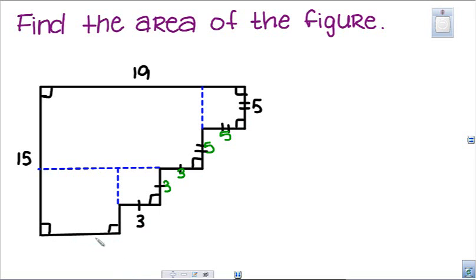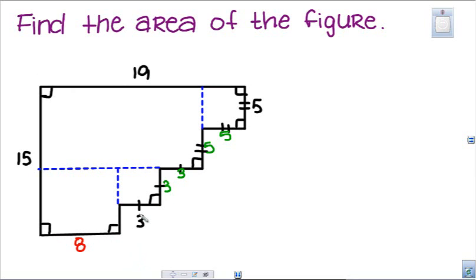So this length right here is missing. All the way across, parallel to it at the top, is 19, and that's made up of 3, 3, and 5, which is 11. So 19 minus that 11 gives us 8 for this missing length.